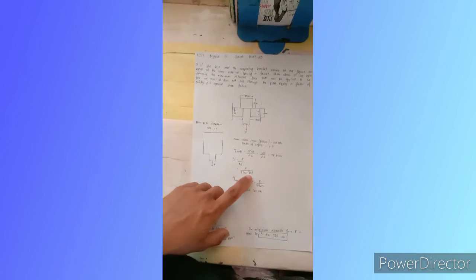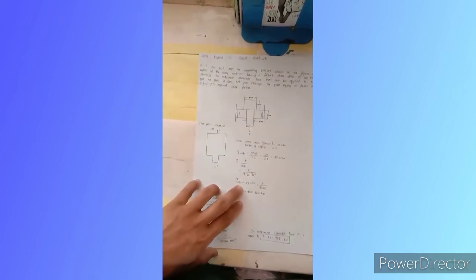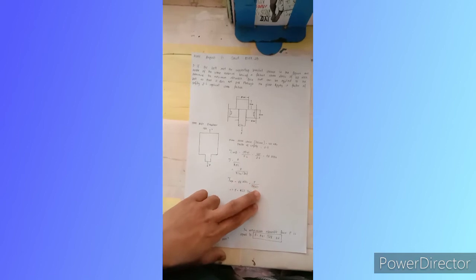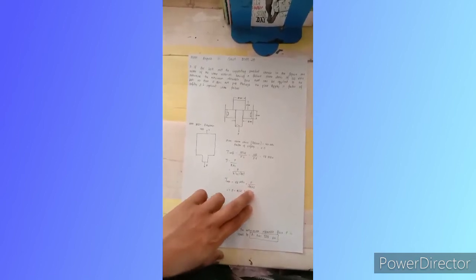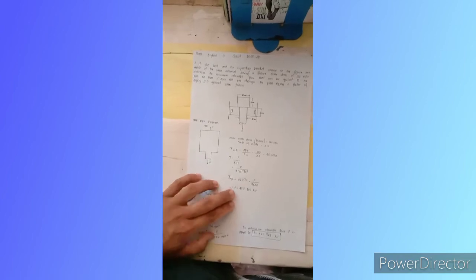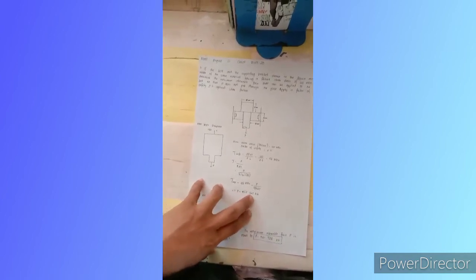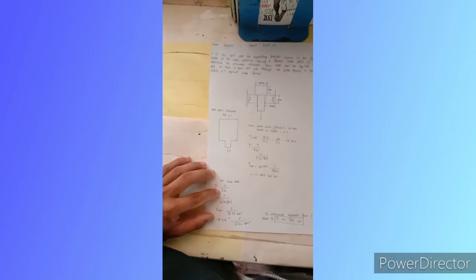So, P is equals to pi 40 times 75 times shear stress safe, which is 48 megapascal, is equals to P all over 9,420. So, P is equal to 452.160 kilonewton. So, we know that the shear stress is equals to P over pi dl.